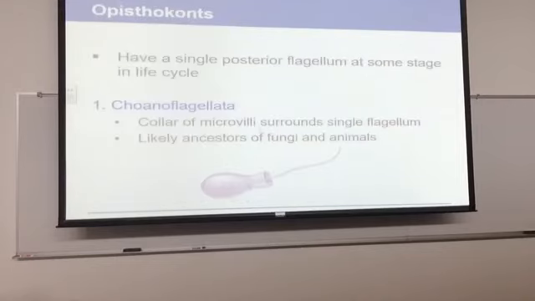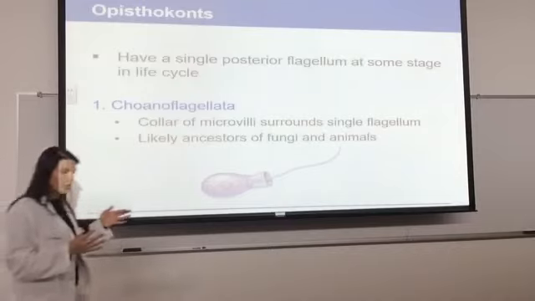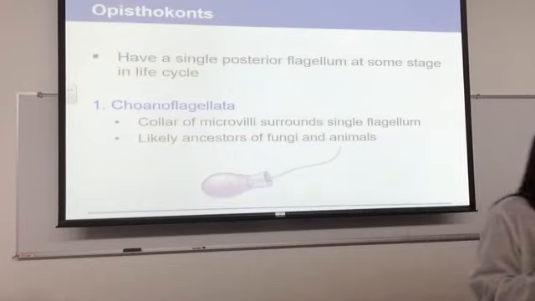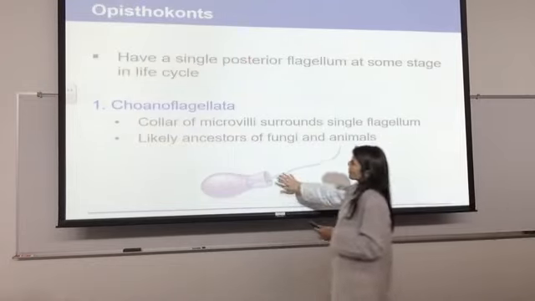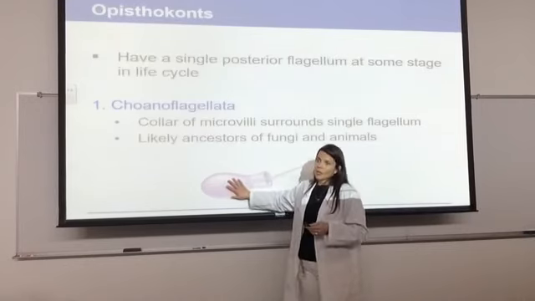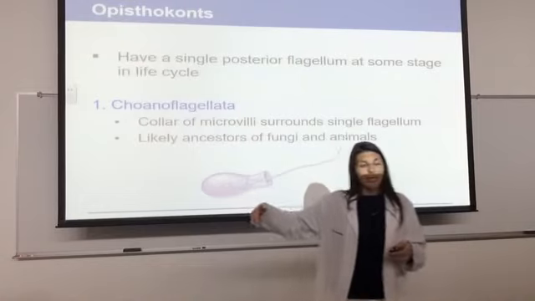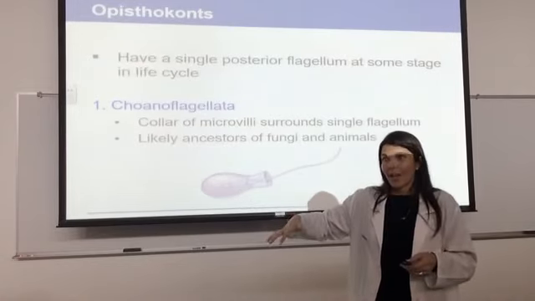The last group of protists is the opisthokonts. The chlorophytes and charophytes will lead us to plants. The opisthokonts will lead us to animals. We believe that the choanoflagellates are the precursors to our sponges, which we will learn when we get to animals as having choanocytes.